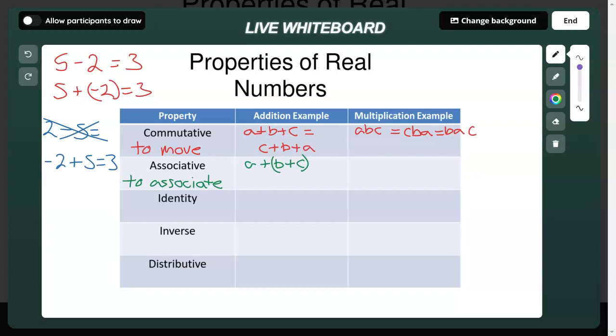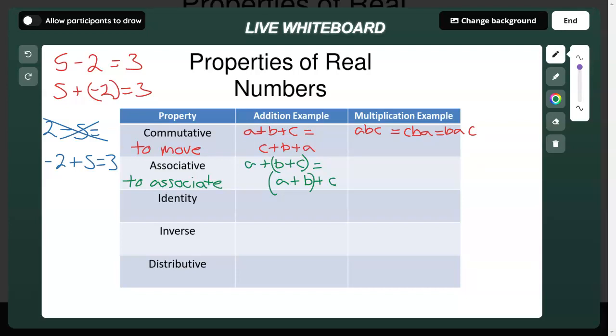I can just change the grouping. Well, I don't want to change the order, but I want to change the grouping. Otherwise, it becomes commutative. Okay, A plus B plus C, but now the association is on A and B instead of B and C. Hey, make sure we add A and B before we add C.